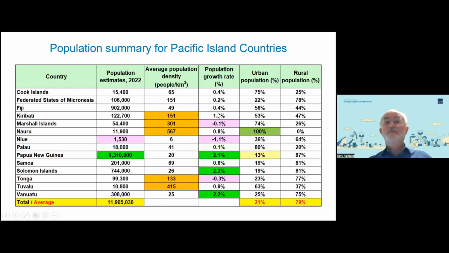Growth rates, there are large ones in the Melanesian countries, shown here in green, and even negative growth rates in some of the smaller islands, Marshall Islands, Niue, and Tonga. All of this data comes from the Pacific Community website. Urban populations, and rural populations, show marked changes in the percentage of both, from 100% in Nauru down to 13% urban in Papua New Guinea.